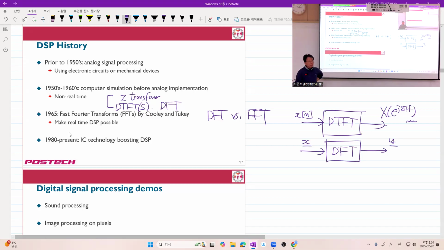Got it? So they are different. Completely different mapping. See that? This accepts what? A sequence. Not just the nth entry, the entire sequence. But this admits only a vector of finite length.